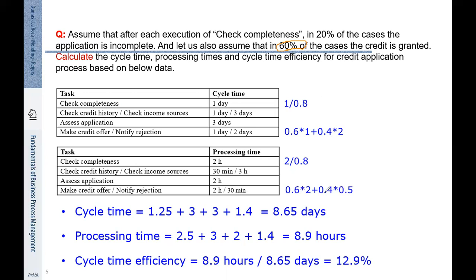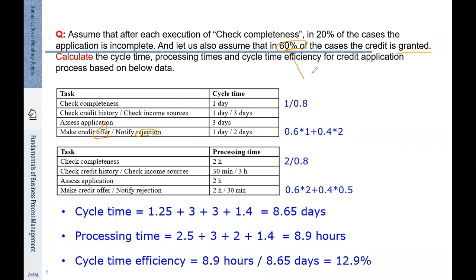So you will get 40%. You know the 60% is for offer because the credit is granted. Credit is granted means that 60% will be offer. So how many percent is going for rejection? Rejection will be 40% because 60% is going to be offer.